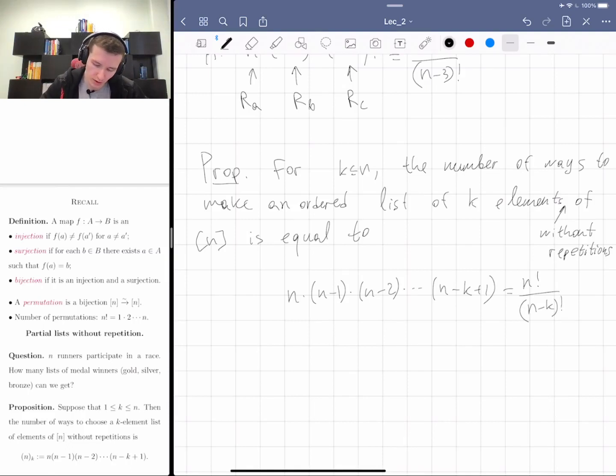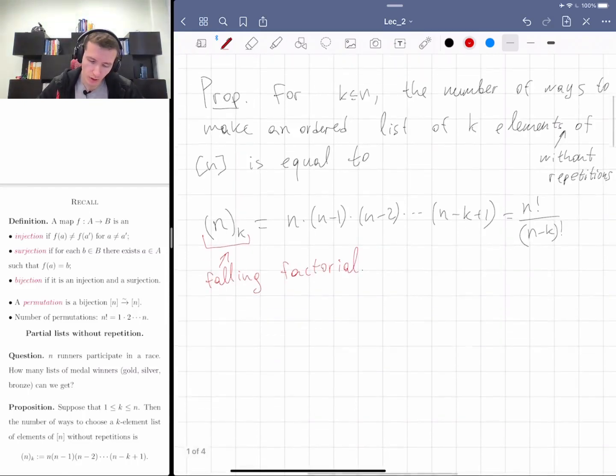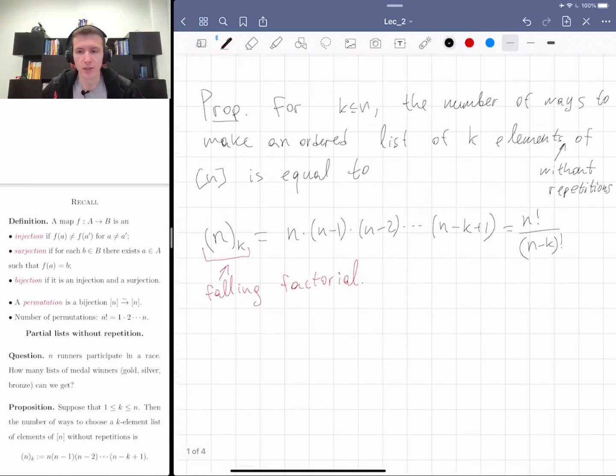And I'm going to denote this number by these parentheses n sub k. That is called a falling factorial. Hopefully it's clear.